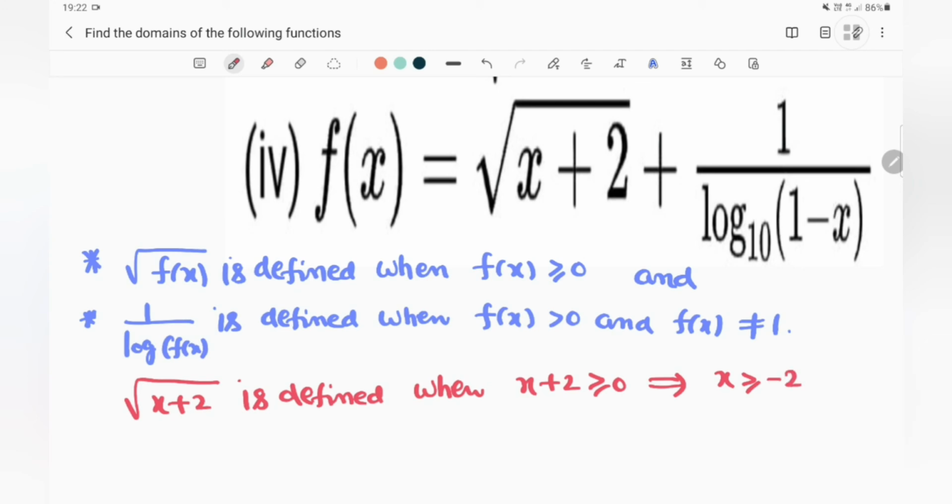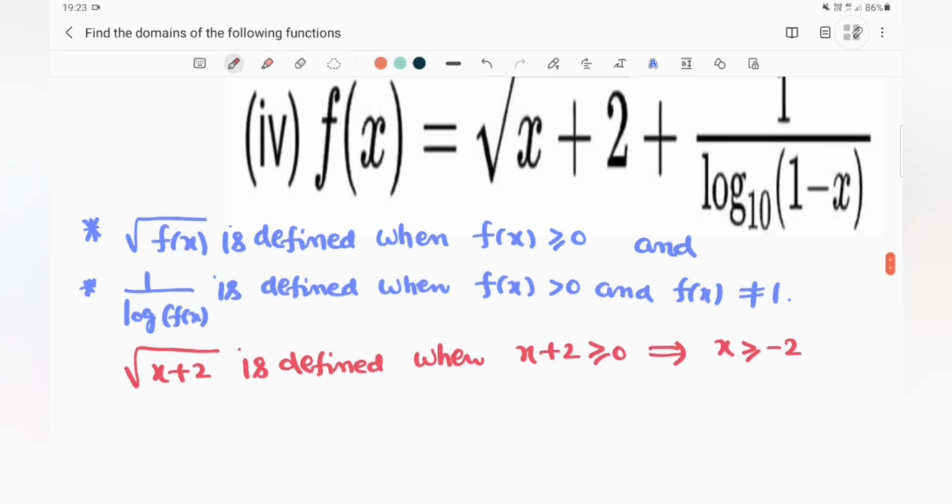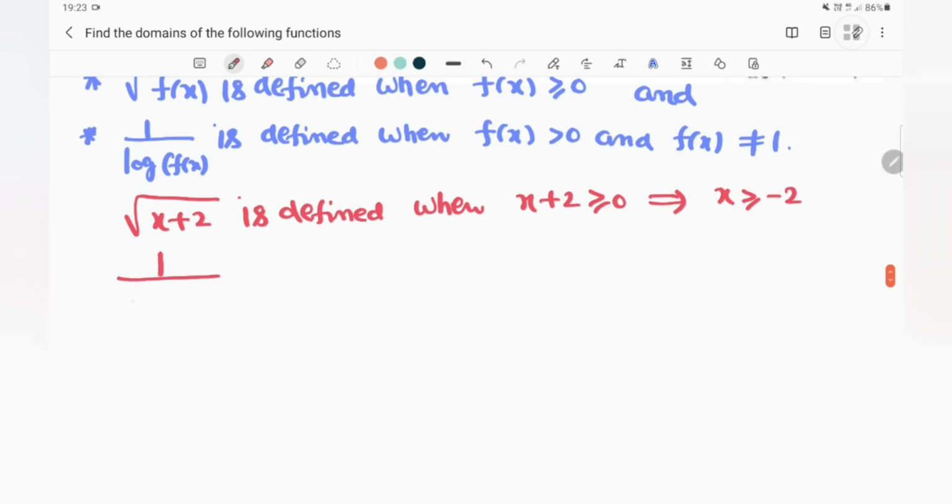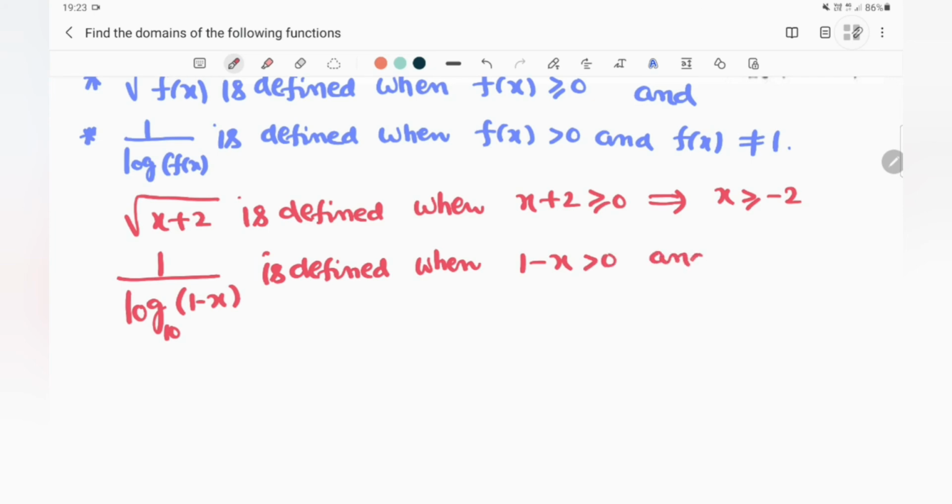So, one function's domain we got, and now 1 by log of 1 minus x to the base 10 is defined. For this type of question, two conditions are available. What is f of x in this? 1 minus x. 1 minus x is greater than 0 and 1 minus x should not be equal to 1.